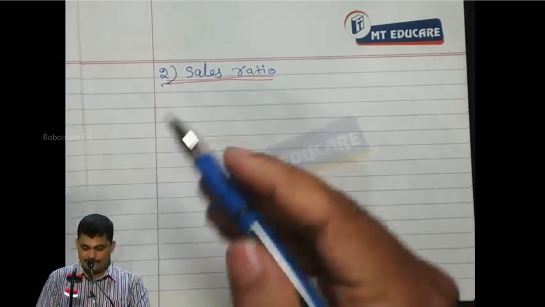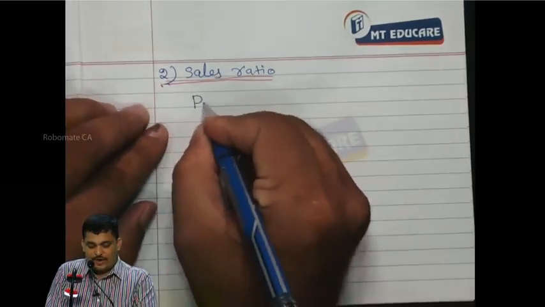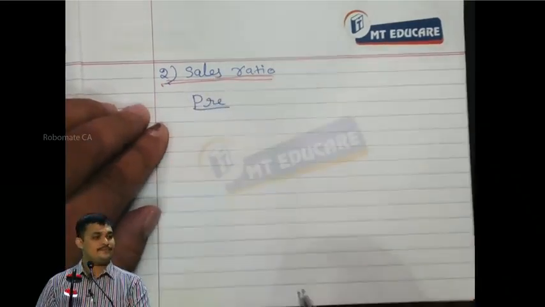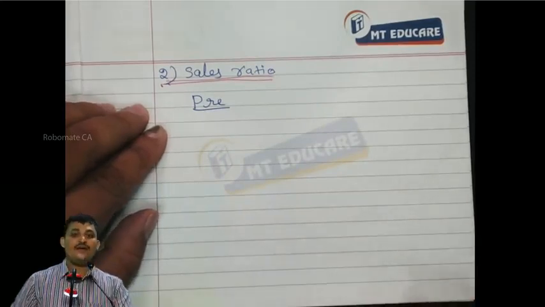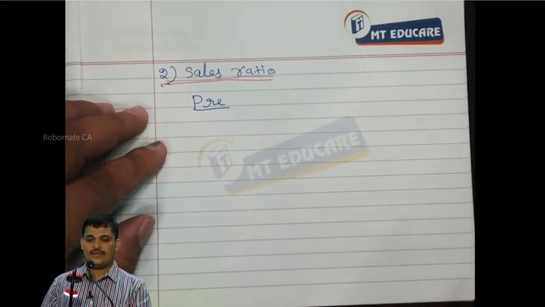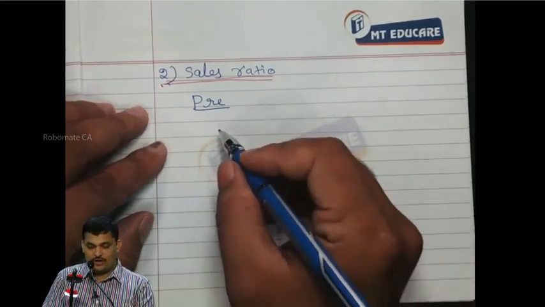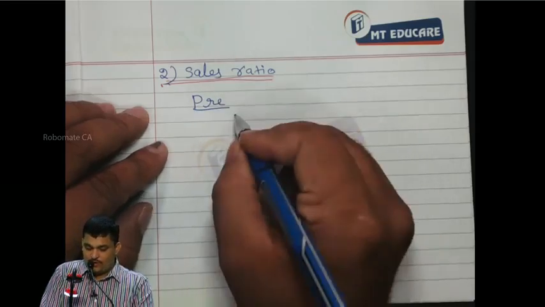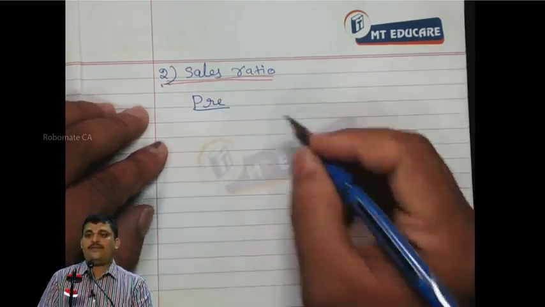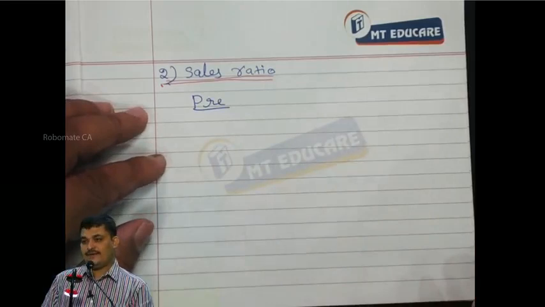So in the pre-incorporation period, we have only 4 months, correct? And in the post-incorporation period, we are having 8 months.